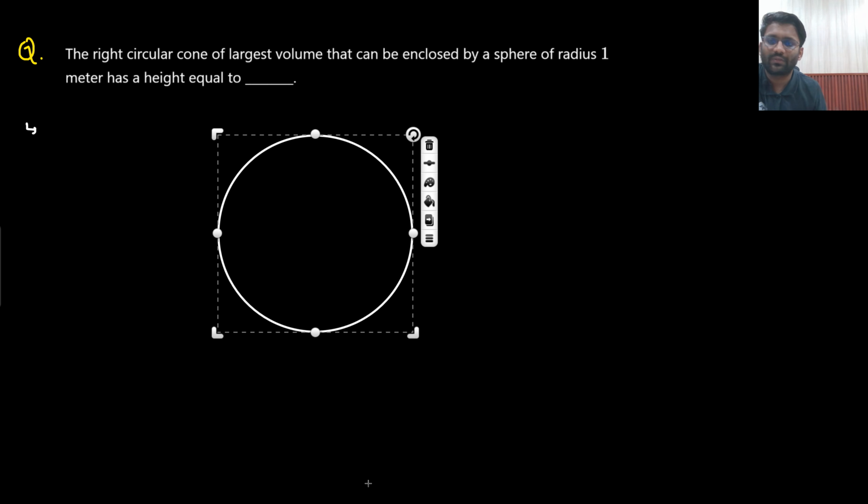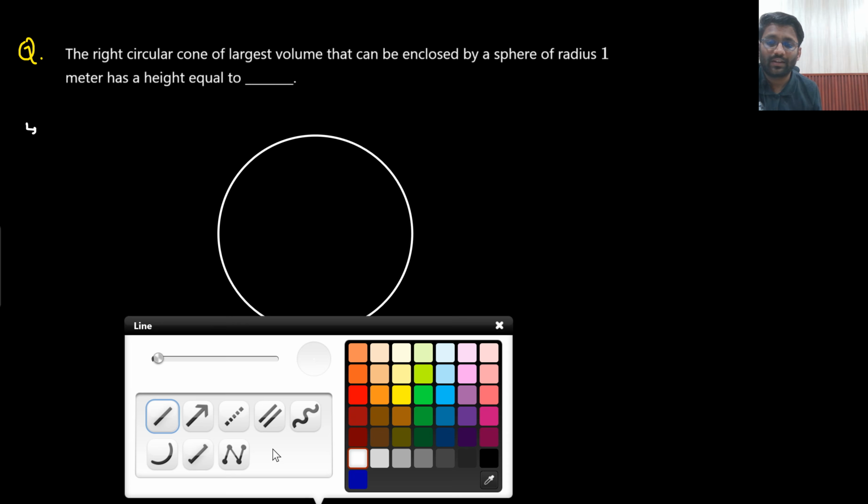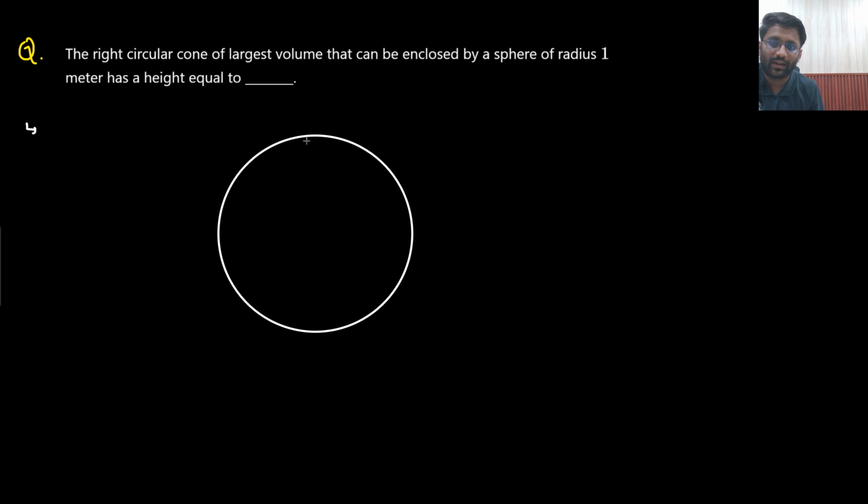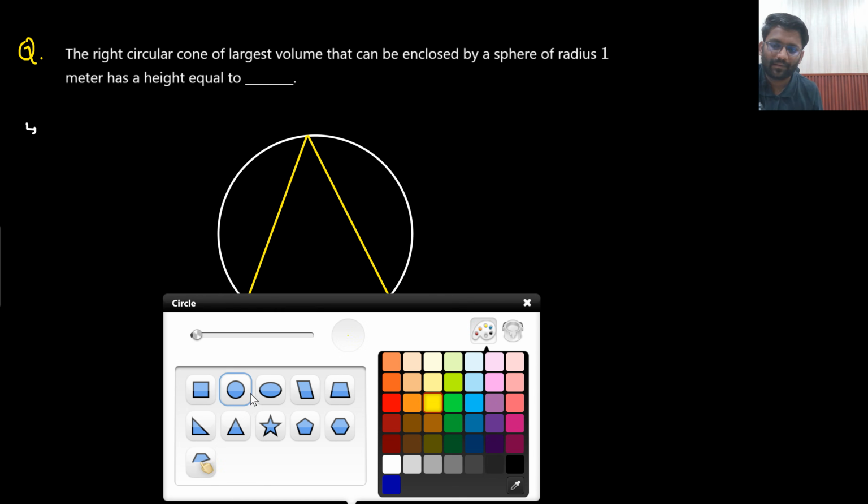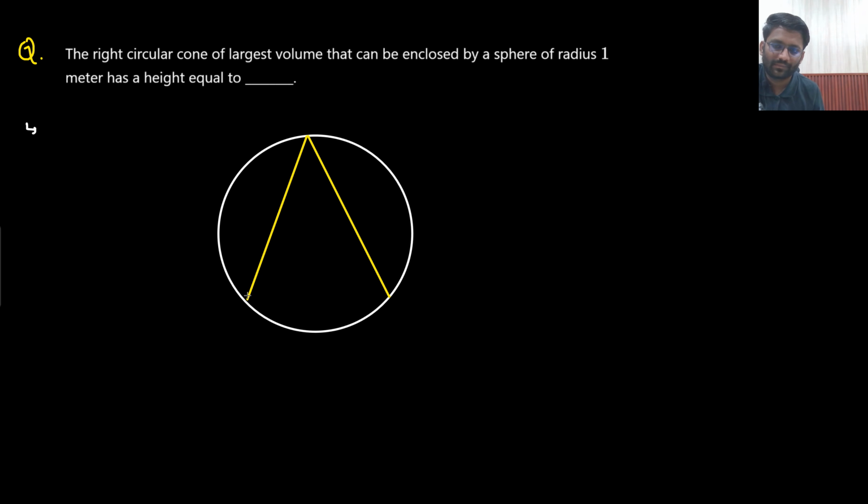So there is a sphere of radius 1 meter. It is having a right circular cone, the right circular cone with the largest volume.